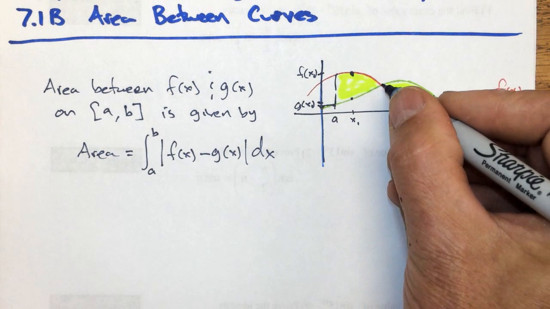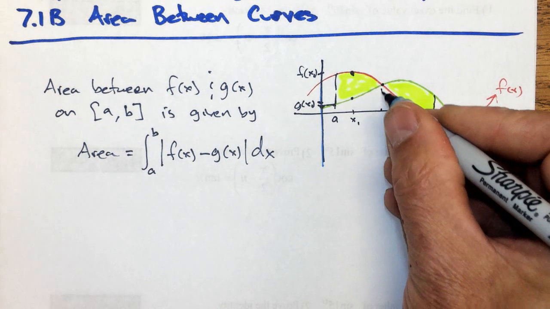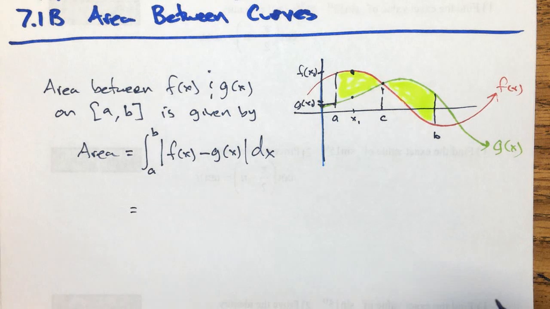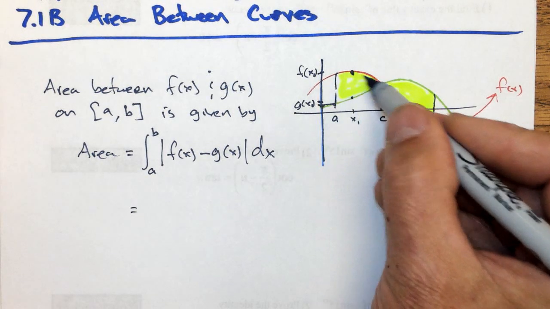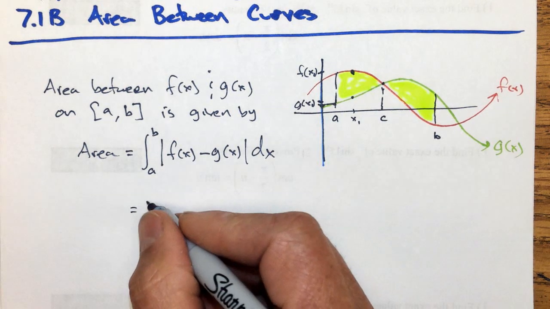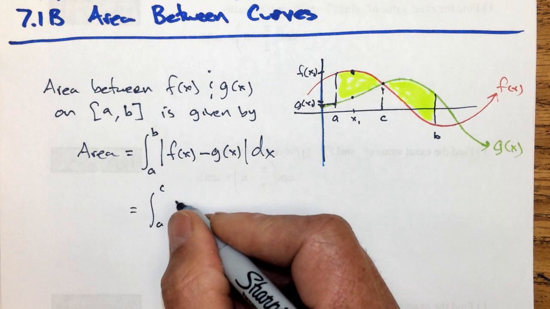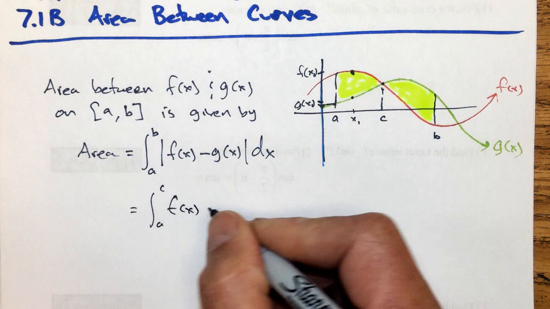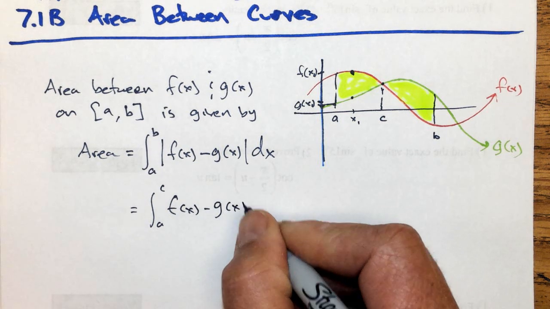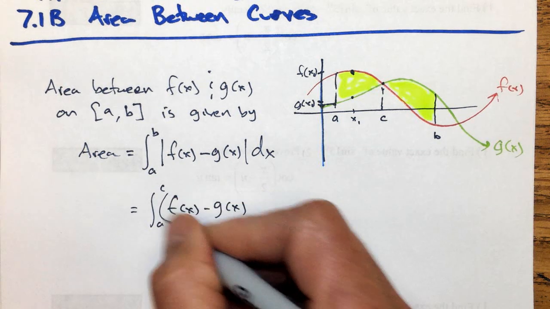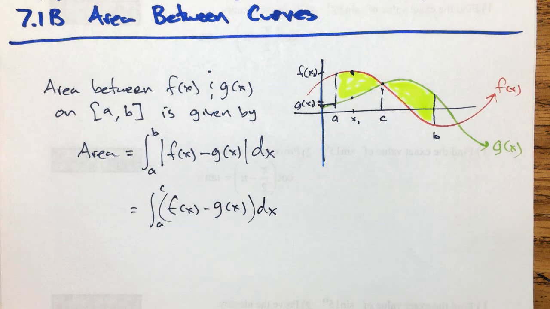Now, if I want to do this by hand, I'm going to need to find that point c, because in this case f of x is greater than g of x. So that's the integral from a to c of f of x minus g of x dx.